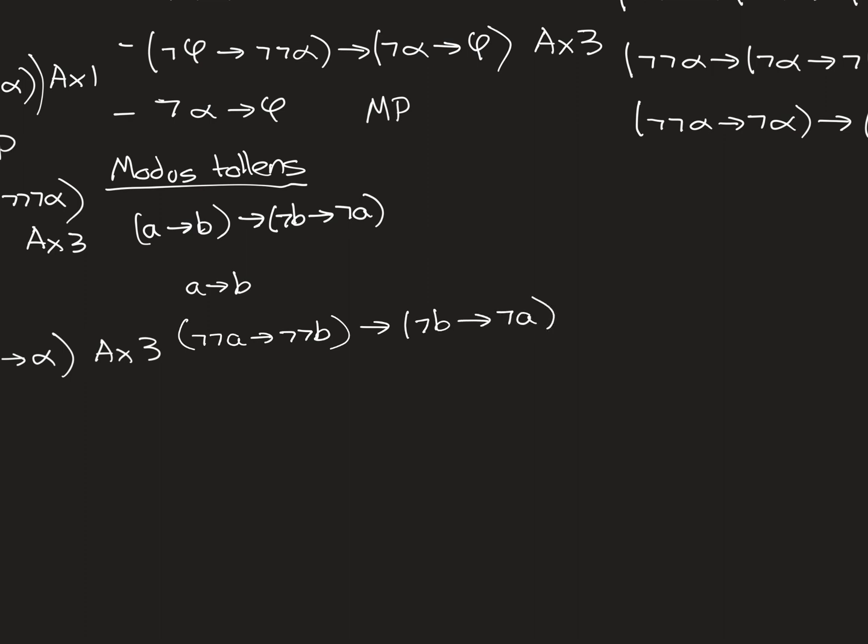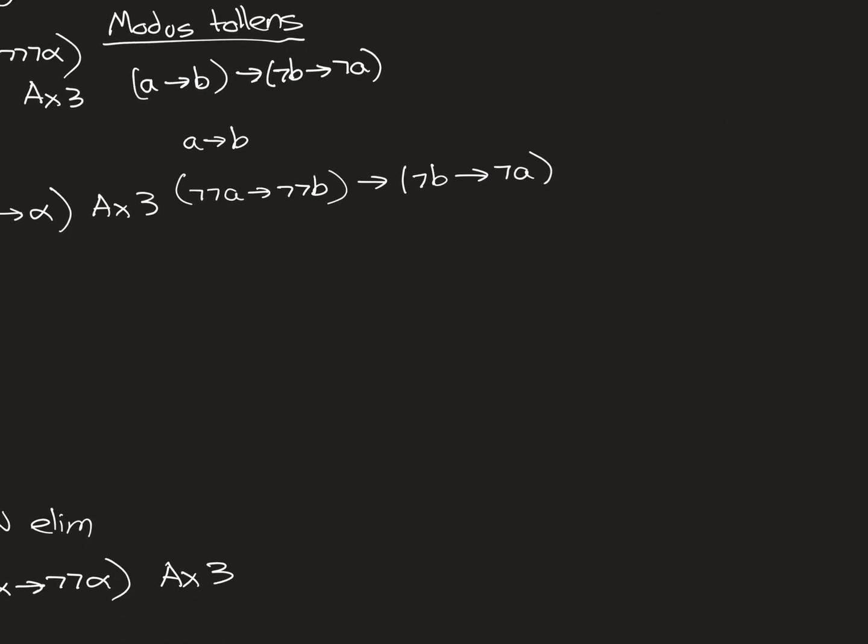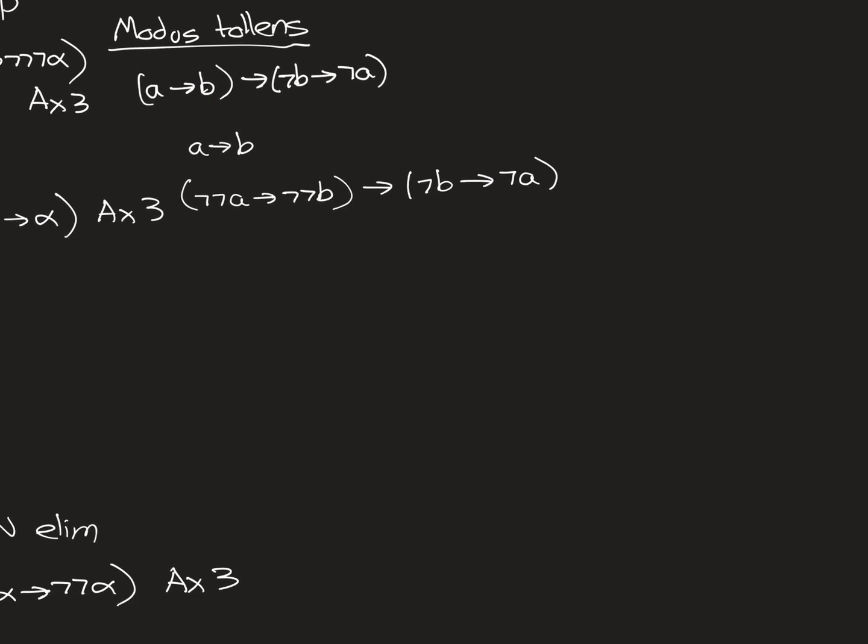And this is confusing because of course my B in the original way that I wrote my axiom scheme 3 is now not A, and my A is not B. But I think then that all fits out. Yep, so that's axiom 3. So I can have that in my proof.